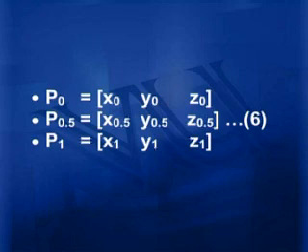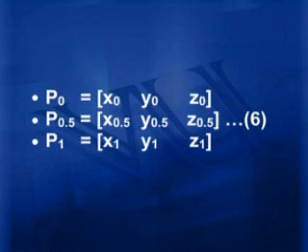Now collectively, these three equations, we assign them number 6. Now remember, these three equations are defining the 3 points. The point at which we have assigned u to be equal to 0, the point at which we have assigned u to be equal to 0.5 or half, and the other point on which u is equal to 1.